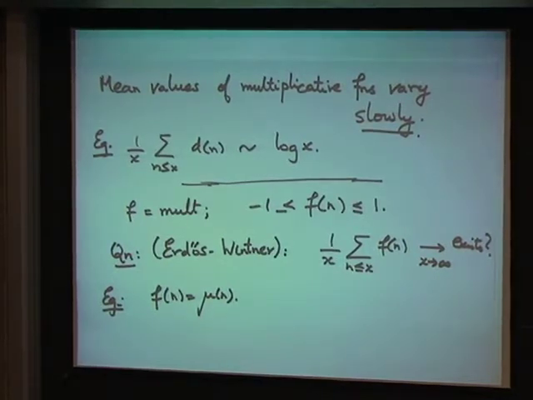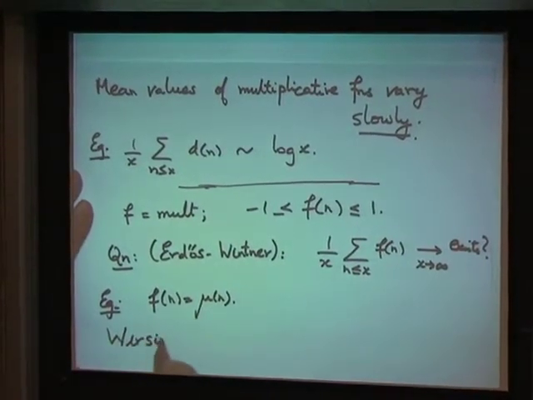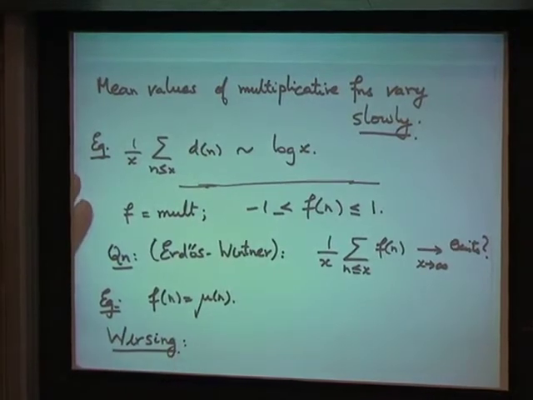So it's a statement which has some content, if you want to show that this limit exists, and it was first proved by Wirsing. So I have kind of two lines to say on what Wirsing did. This was proved in the late 60s by Wirsing.